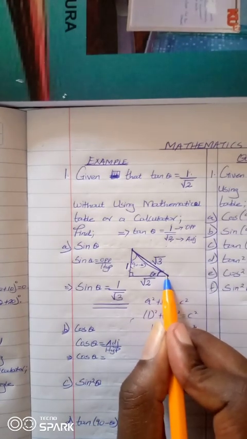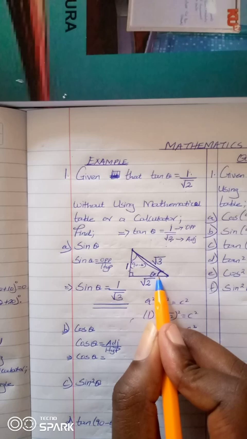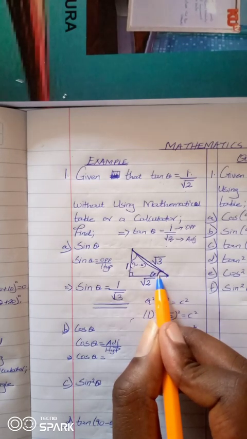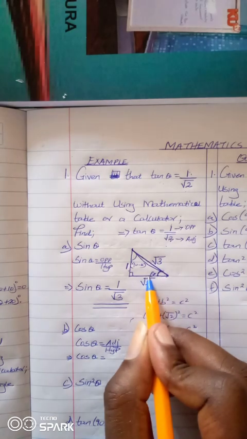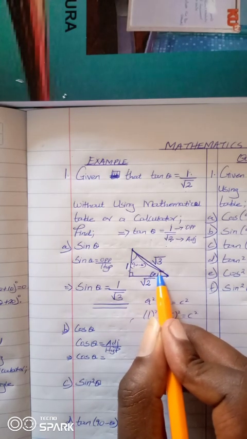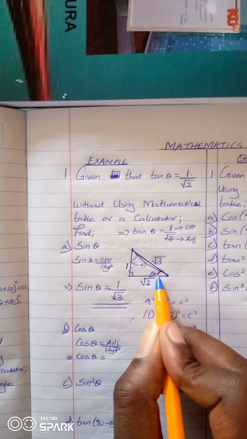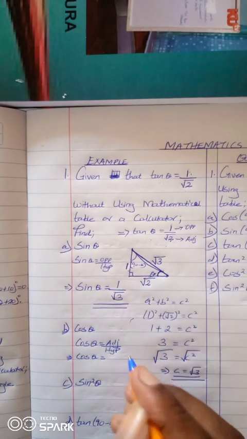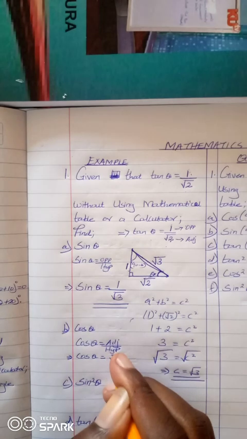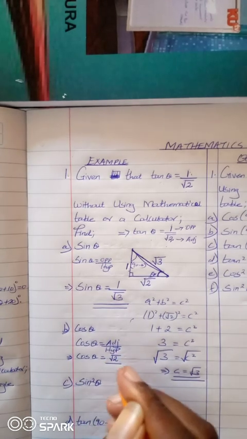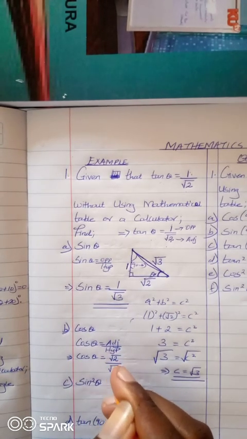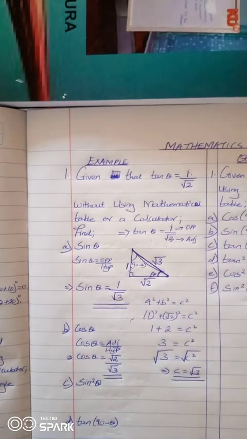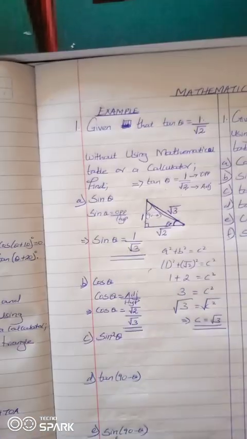We said the adjacent is the side that is very close to the angle in question. Therefore, the adjacent of theta is root 2 over the hypotenuse, the longest side, which is root 3. Root 2 over root 3. We go to the next question.